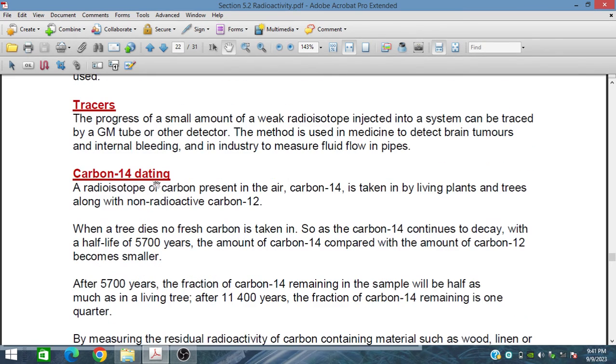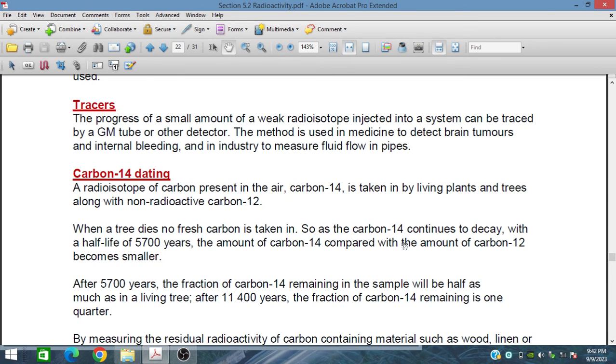Similarly, carbon-14 dating: radioisotopes of carbon are present in the air. This carbon-14 is taken in by living plants and trees along with the non-radioactive carbon-12. When a tree dies, no fresh carbon is taken in.